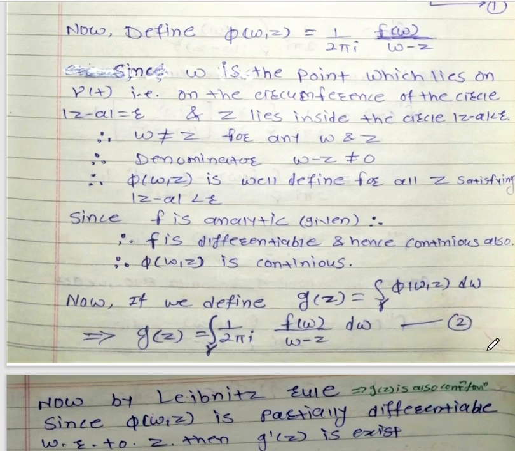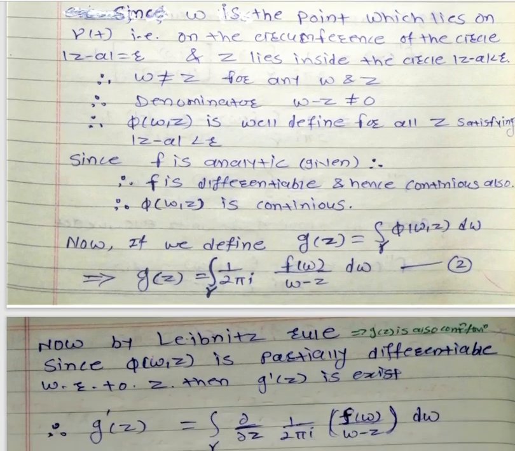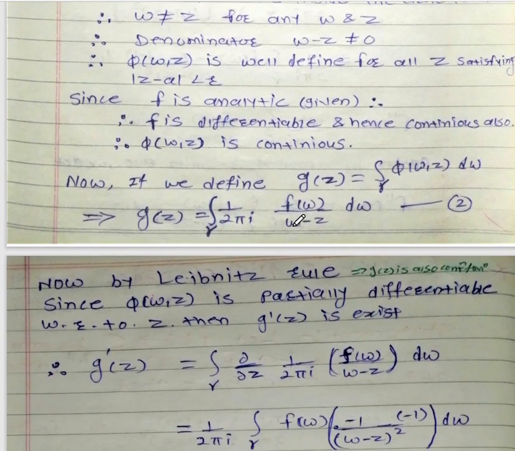Now by using the Leibniz rule, since f of w is a continuous function, g of z is also a continuous function. Since phi of w, z is partially differentiable with respect to z, g dash of z exists.